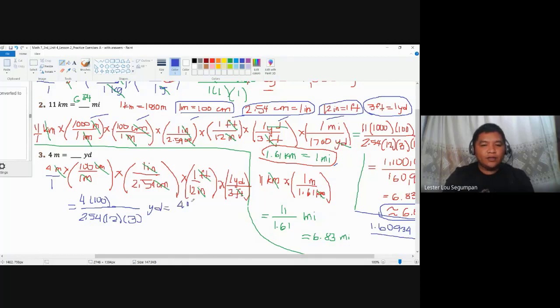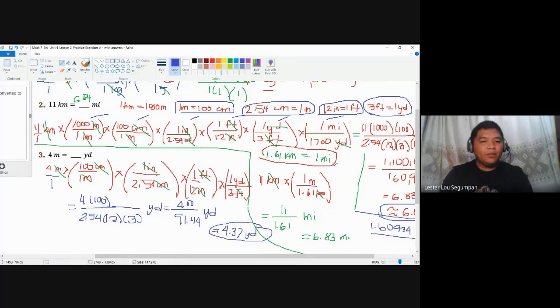That's 400 all over 2.54 times 12 times 3, which is 91.44. The final result here is 400 divided by 91.44. You will get approximately, in two decimal places, 4.37 yards. Here's the result for number three.